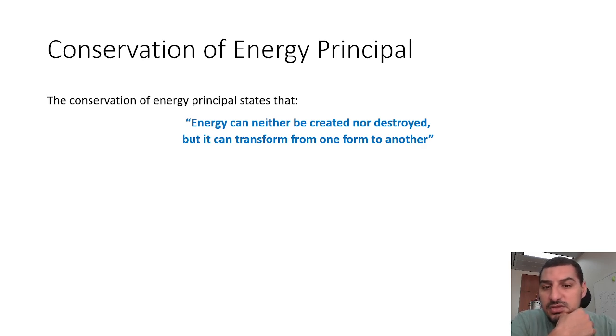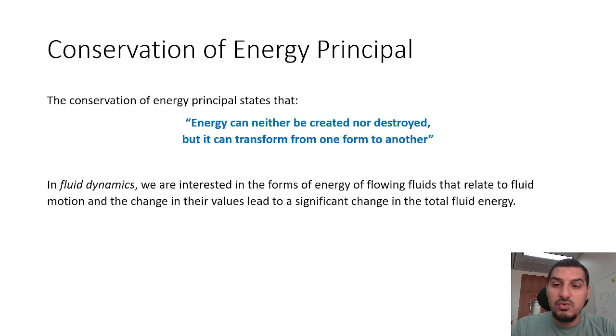And the difference is going to be originally from the types of energy we are interested in. In the energy balance, we were more interested in the work, the heat, and the enthalpy, because these are the things that are more dominant in the energy balance on units. But in fluid dynamics, we are interested in the energy of flowing fluid that relates to the motion, not just the amount of energy.